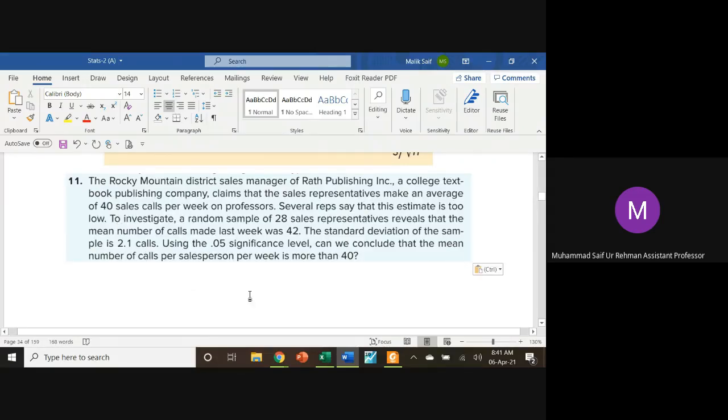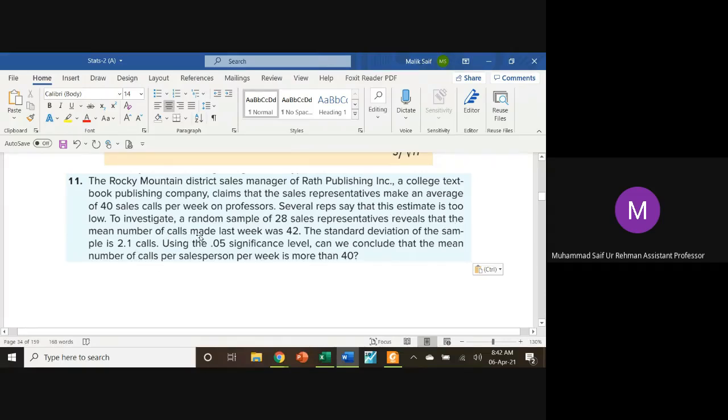The Rocky Mountain District sales manager of Roth Publishing Incorporation, a college textbook publishing company, claims that the sales representatives make an average of 40 sales calls per week on professors. Several reps, meaning representatives, say that this estimate is too low.